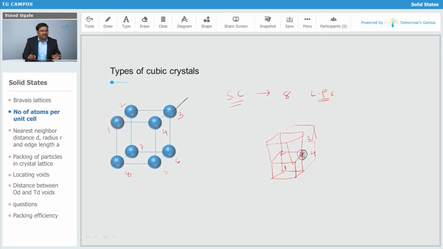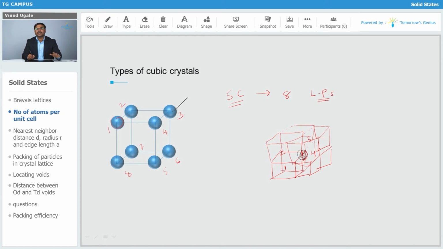But now you can see that this part is remaining, the part of that lattice point is remaining, which will be shared by these unit cells also. So totally I can tell you it is shared by 8 unit cells like this. 8 unit cells are going to share one lattice point like this.